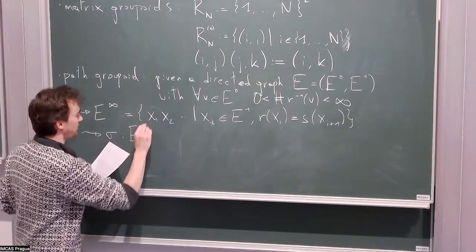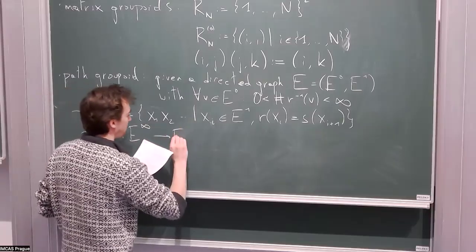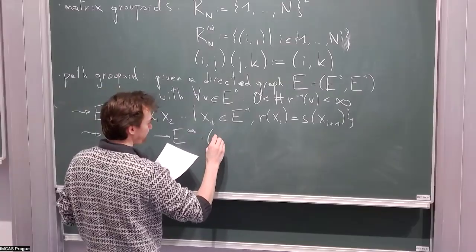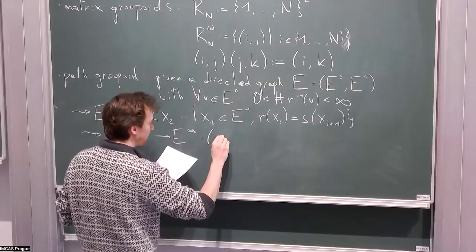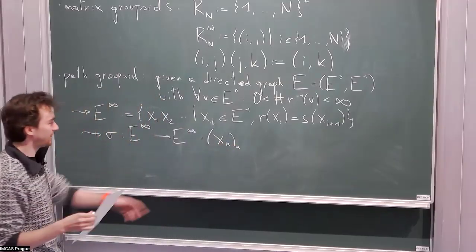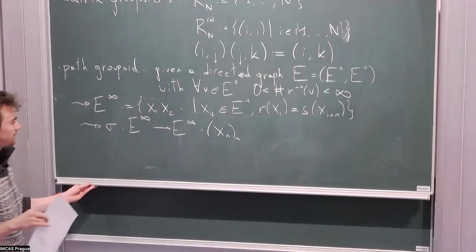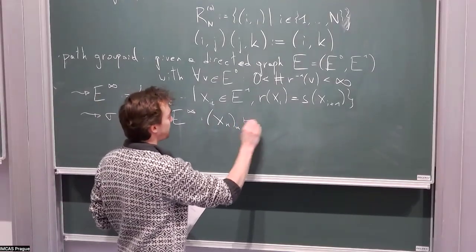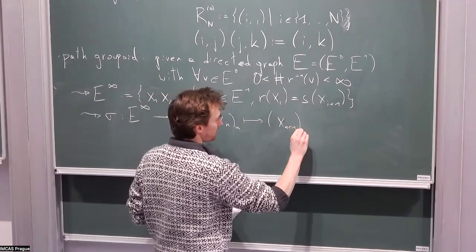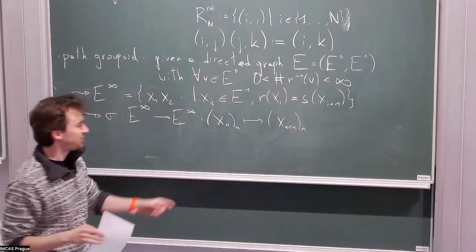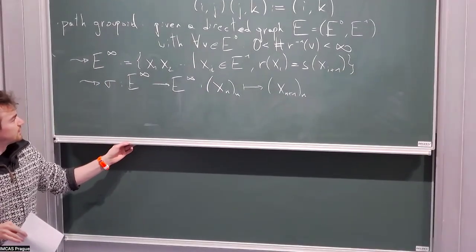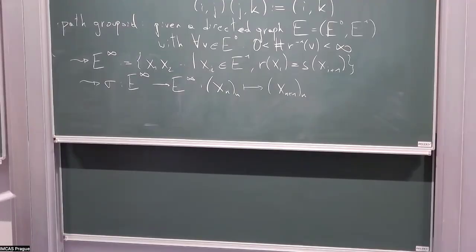So say this is our path, where this just denotes the different entries of our path, and we map this to the path which starts at the second edge.